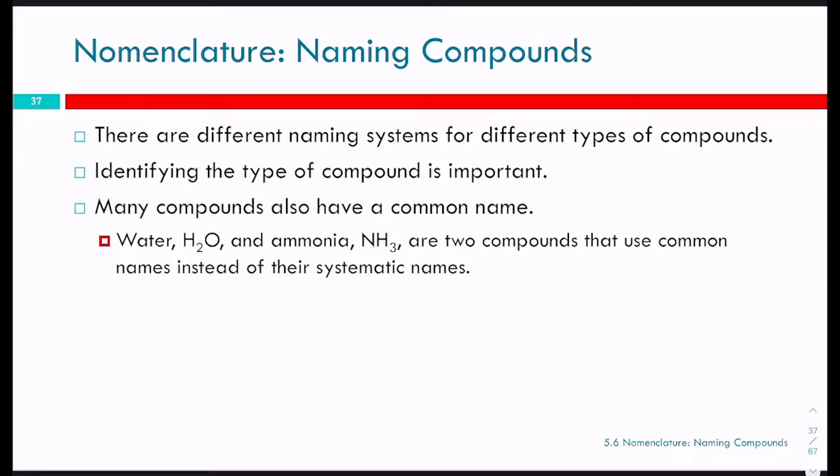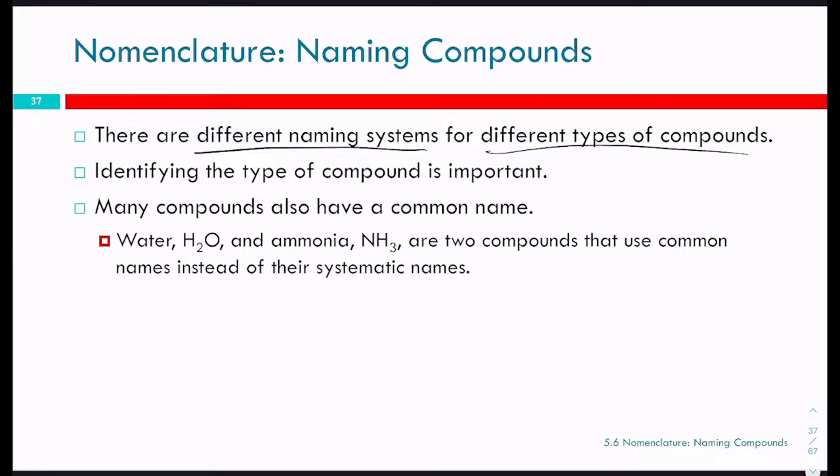At the very beginning of this chapter, we started talking about how to identify these different types of compounds, which is important because there are different naming systems for different types of compounds. So you name an ionic compound, the ones that we've been doing, differently from a molecular compound. So you have to be able to tell the difference between them.